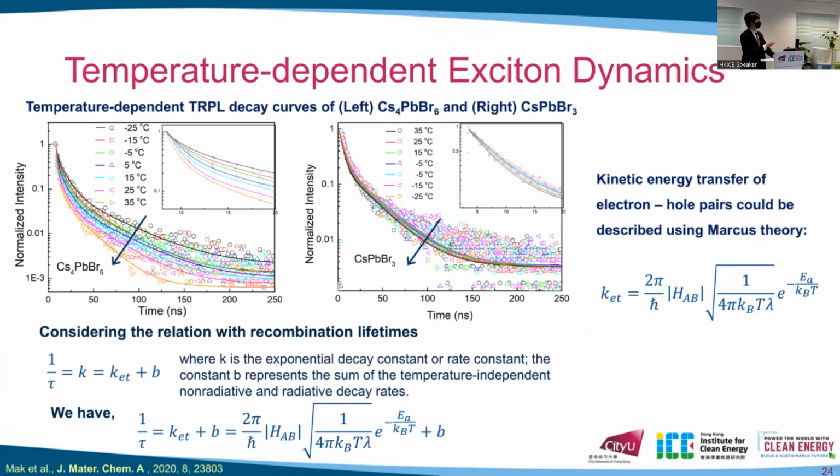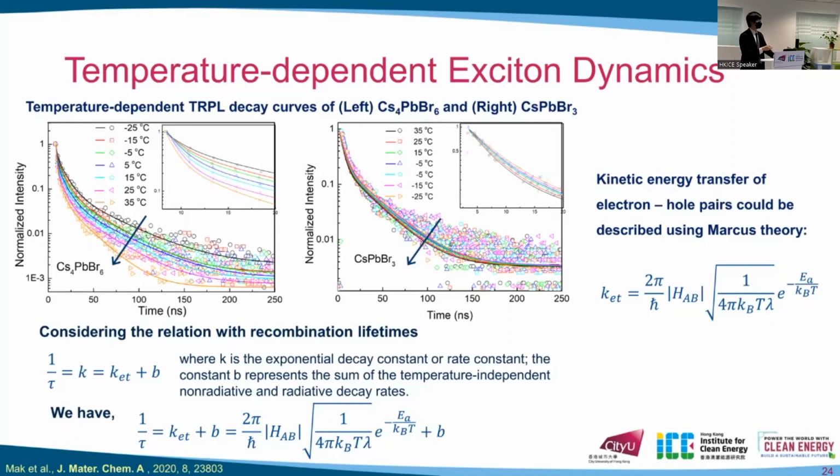We have also done experiments on temperature-dependent time-resolved photoluminescence to understand the exciton dynamics. The kinetic transfer of two molecules can be described by the Marcus theory, and this is the kinetic energy transfer equation. When we combine the rate constant of the decay component, it will have the simplified equation underneath.